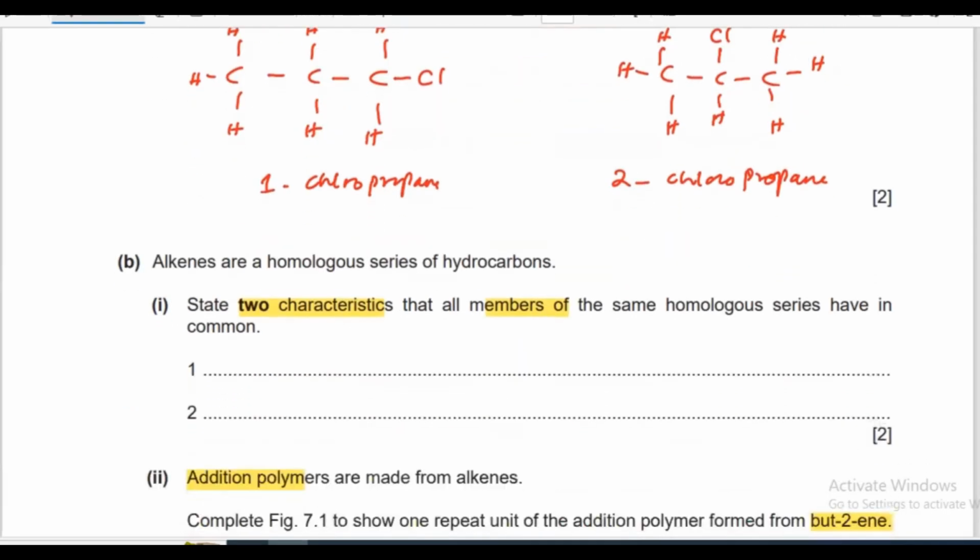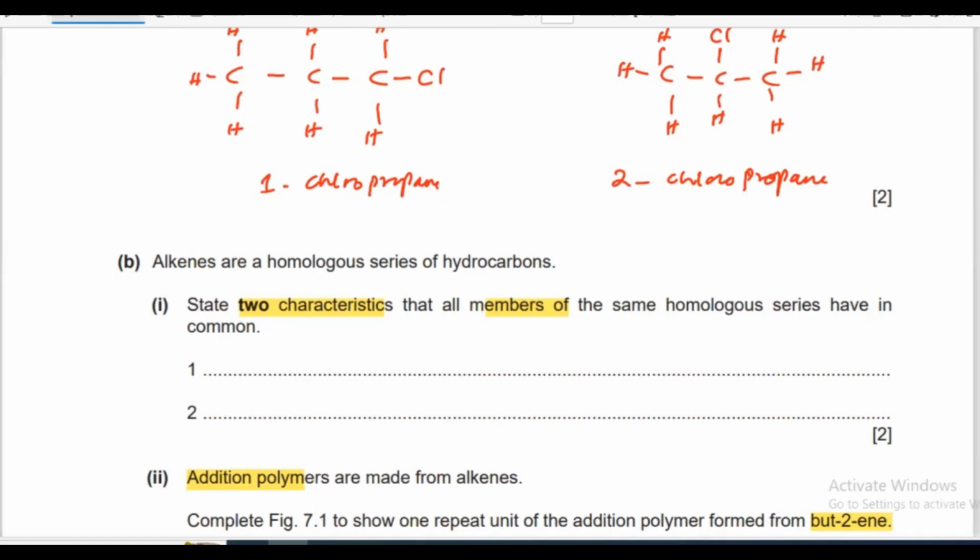Okay. Now, alkenes are a homologous series of hydrocarbons. State 2 characteristics that members of the same homologous series have in common. Two consecutive members differ by a CH2 group and 14 in their Mr. They have the same general formula. They have the same functional group. They have similar chemical properties, but there is a gradual change in their physical properties.